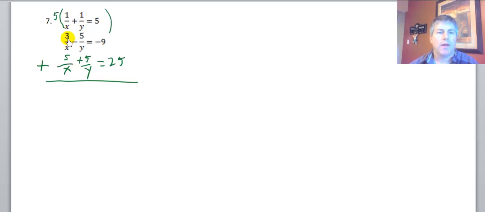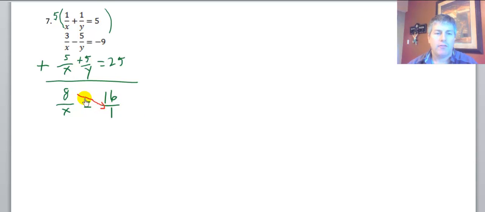So I end up with a 3 over x plus a 5 over x, which adds up to 8 over x. The minus 5 over y and the plus 5 over y cancel, and negative 9 and plus 25 equals 16, which is 16 over 1. And what I have here is a proportion.